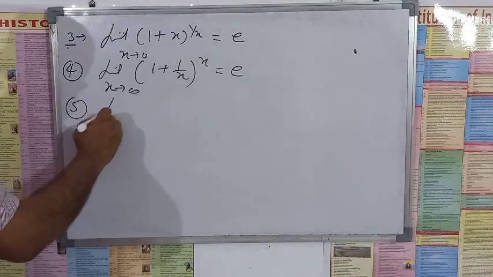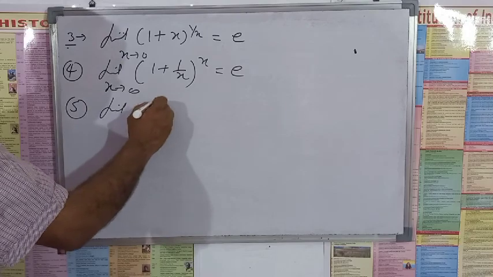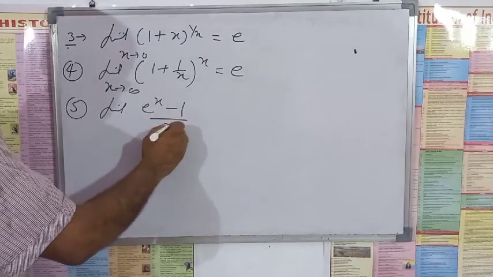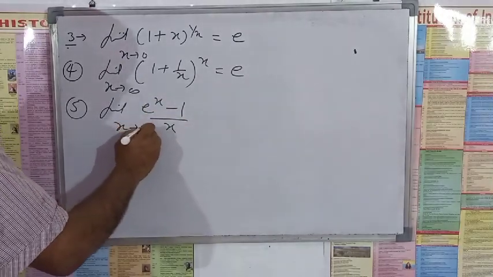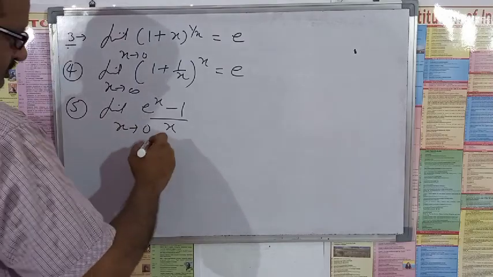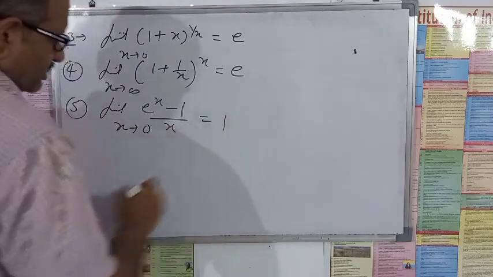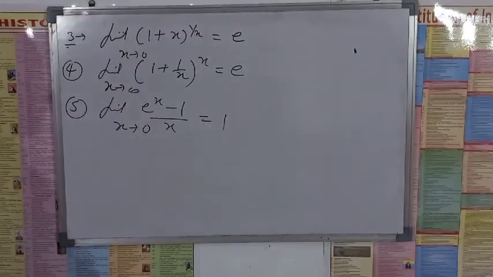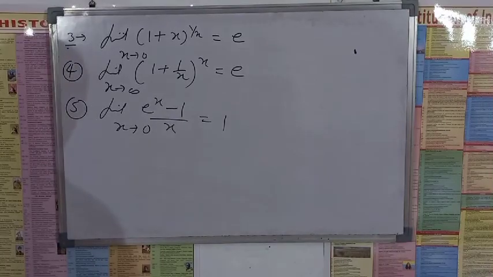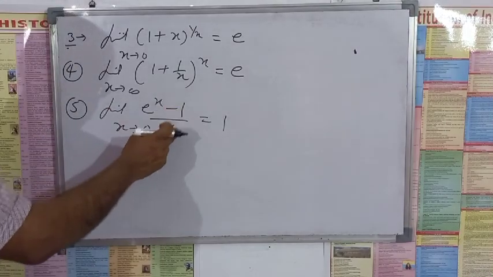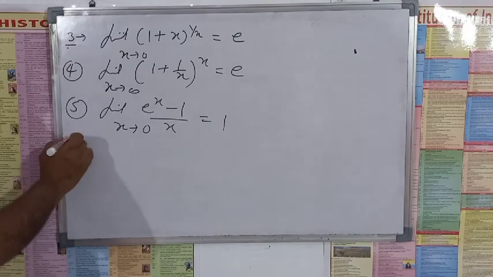See next one. Limit of (e to the power x minus 1) upon x, x tends to 0. What is its value? It is equal to 1.